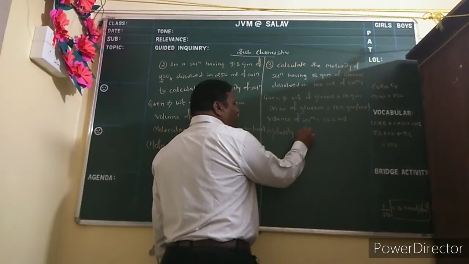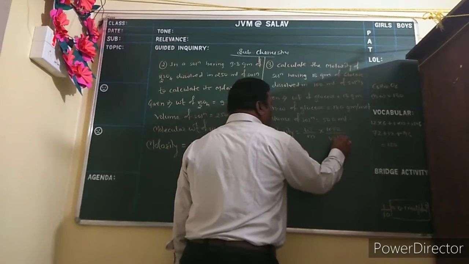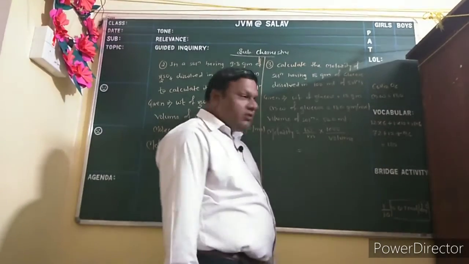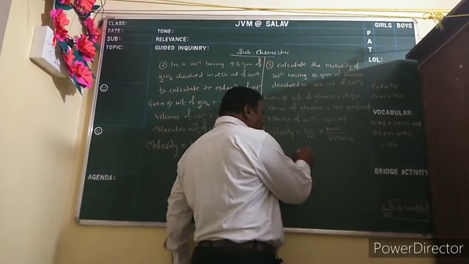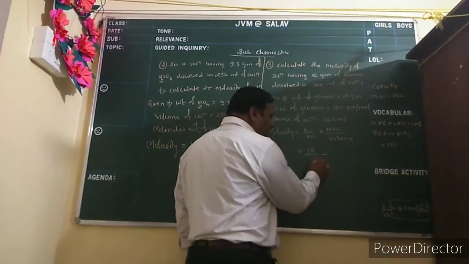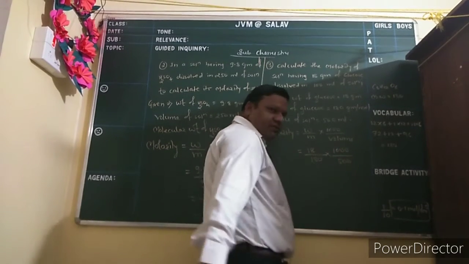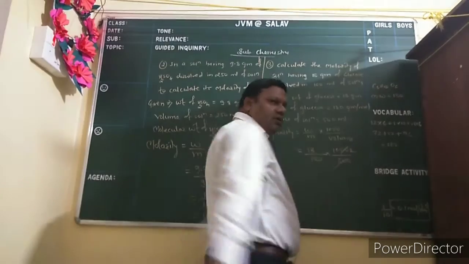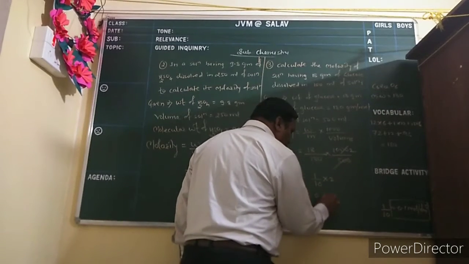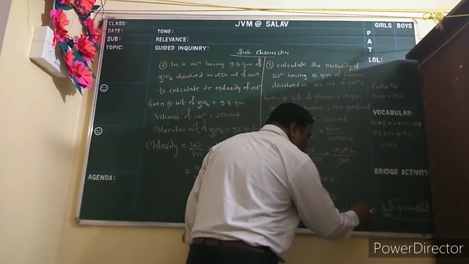Molarity is equal to small w upon small m into 1000 upon volume. So now put up these values. Small w, how much is it? 18. Molecular weight 180 into 1000 upon 500. So here 1 by 10 into 2, that is 0.1 into 2, you will get 0.2 mole per dm cubes.